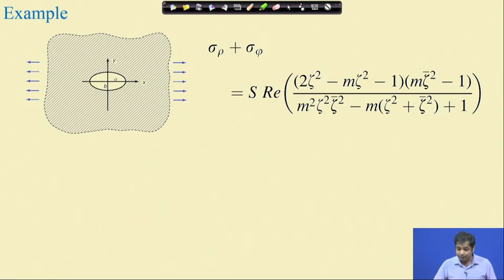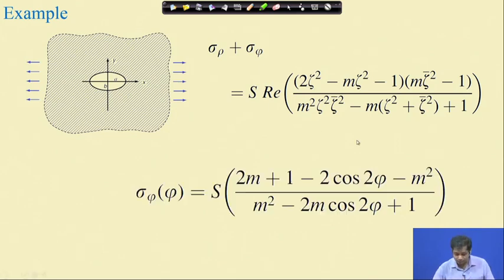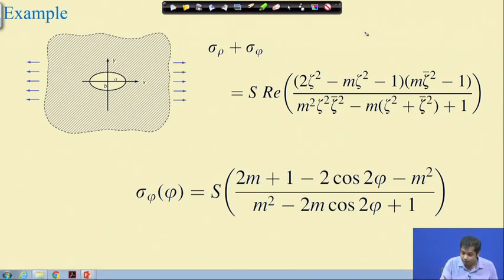If you substitute zeta equal to e to the power i phi here, we get this expression. Now, suppose this load is acting in this direction.